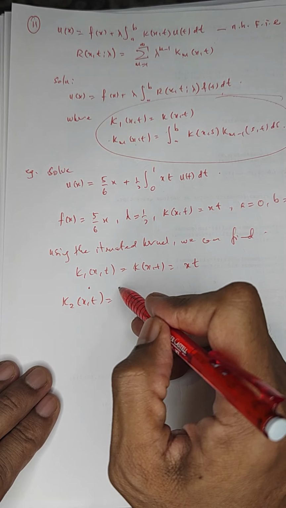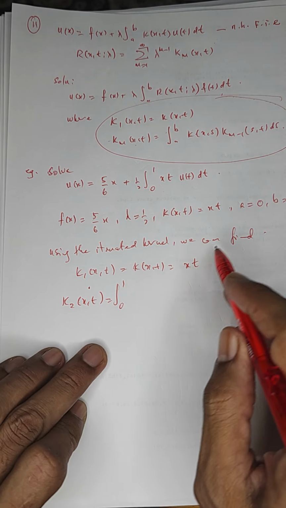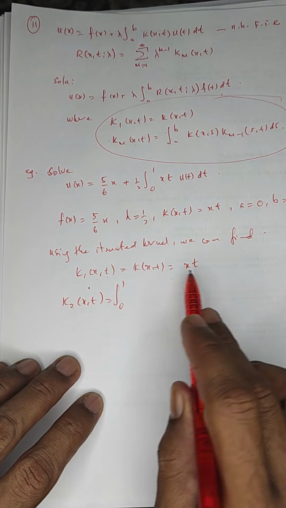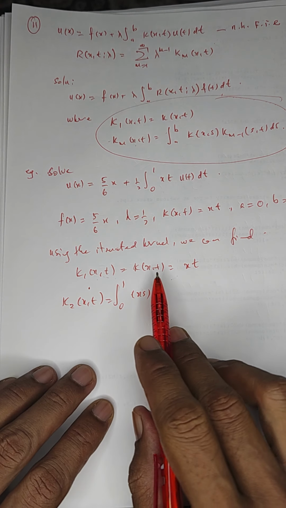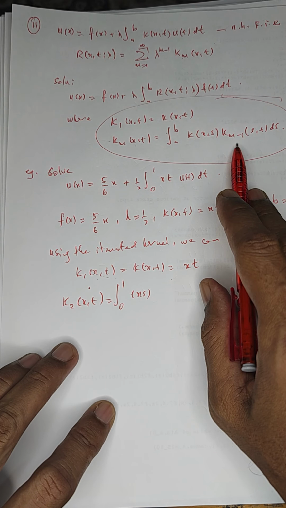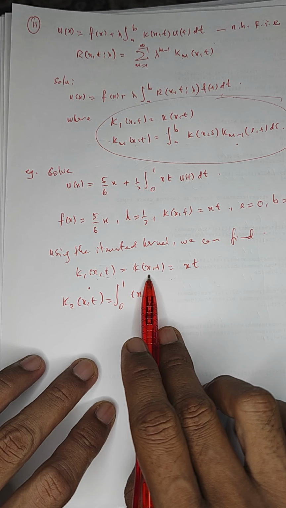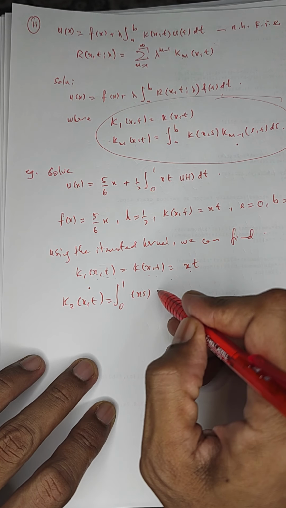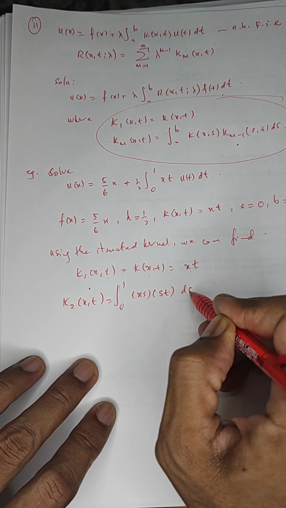This is the integral from 0 to 1 of K(x,s) K_1(s,t) ds, so K_1(s,t) is K(s,t), which is st, ds.